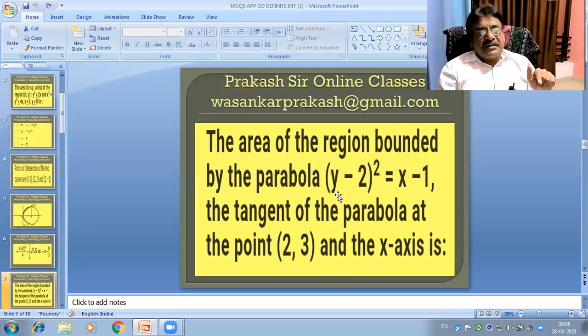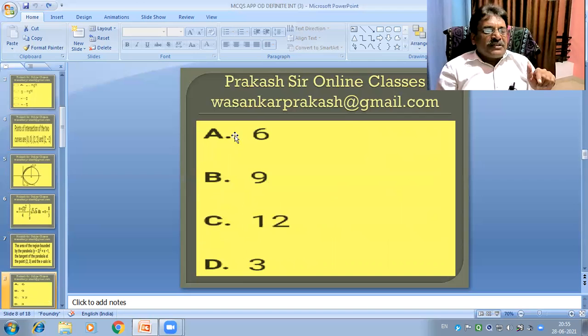Remember this. The tangent of the parabola at point (2, 3) and the x-axis is: option A 6 square unit, option B 9 square unit, option C 12 square unit, option D 3 square unit.